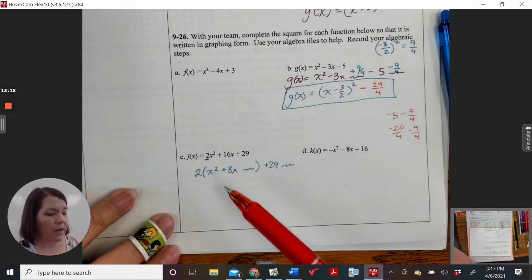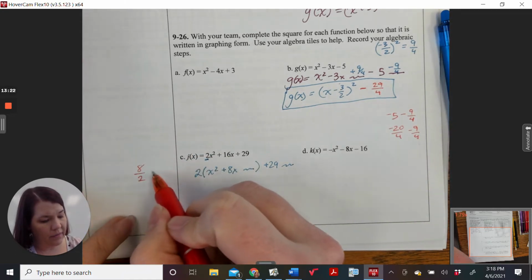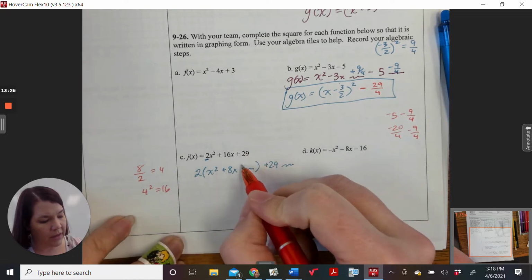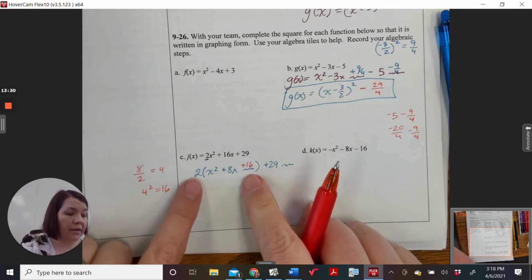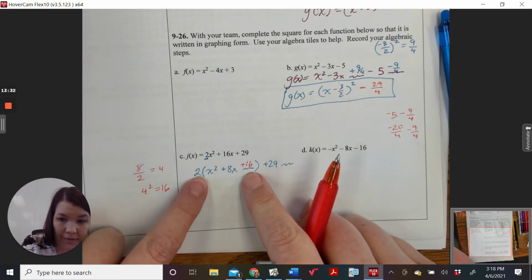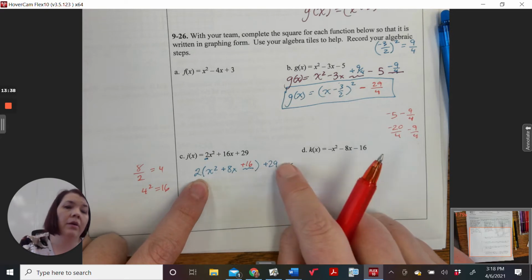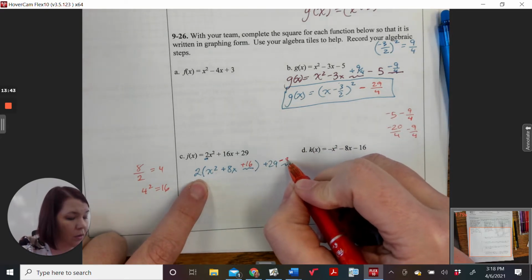So the number I'm going to get here is I'm going to take 8, cut it in half, which gives me 4, and then I'm going to square my result, which gives me 16. So this is 16. Now here's the trick. I've added 16 twice. Not just 16 once, I've added 16 twice because of this 2 out here. So this needs to be taking away 16 twice, or minus 32.